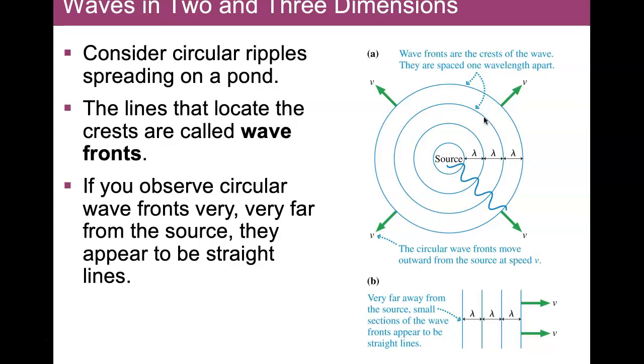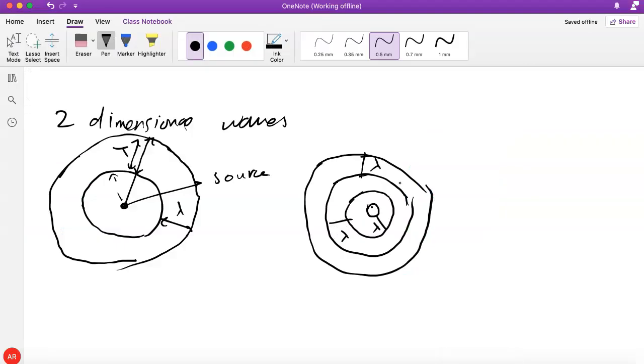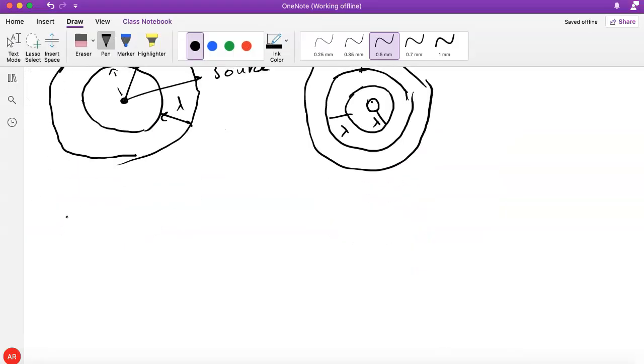So this kind of 1-dimensional effective behavior can emerge from this higher dimensional, let's say 2-dimensional, propagation of waves, if you look really, really far away from the source. Right, so if your R becomes very large, so let's go here to the notes. Very large R, distance from source.